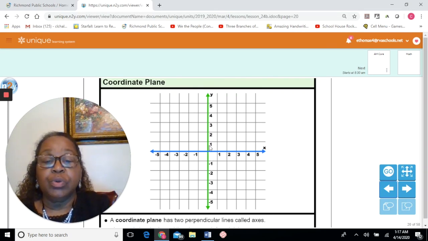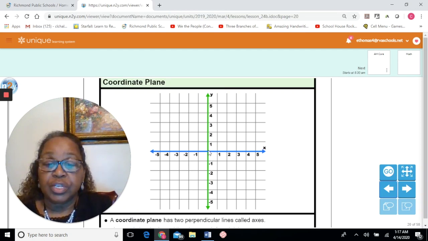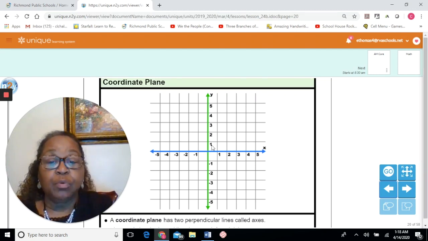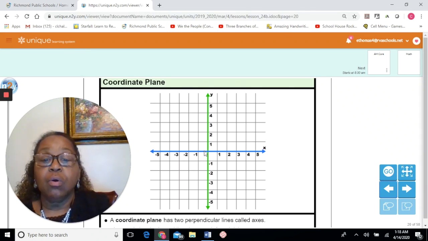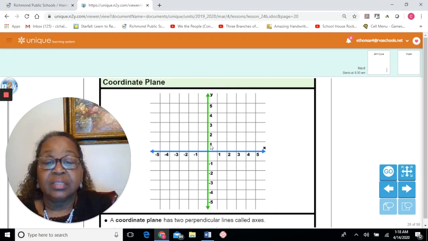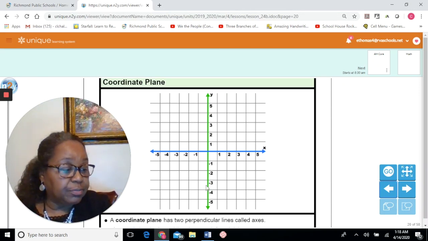The point where the two lines intersect is called our point of origin, and that number is 0. On the x-axis, to the right of the point of origin are positive numbers, and to the left are negative numbers. On the y-axis, the point of origin again is 0. When we go up, the numbers are positive, and when we go down, the numbers are negative.